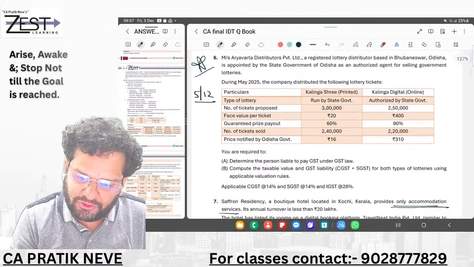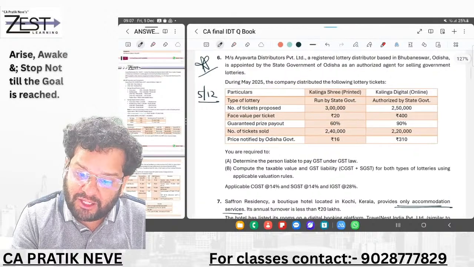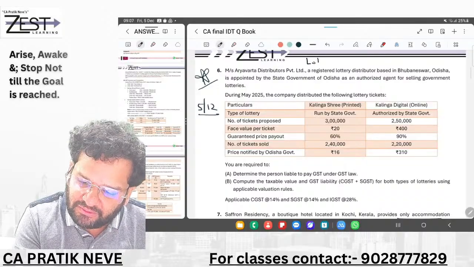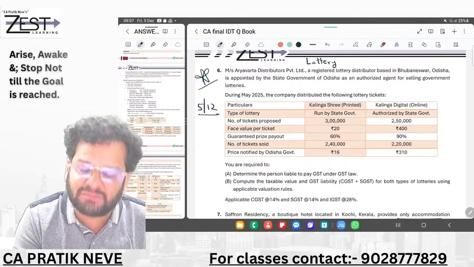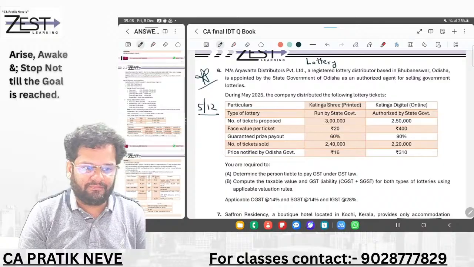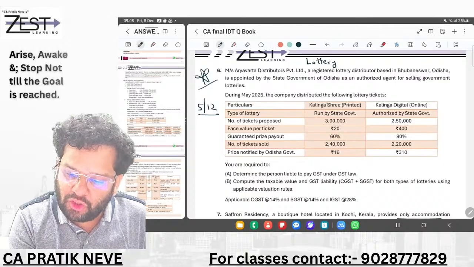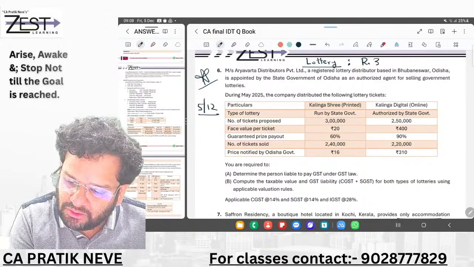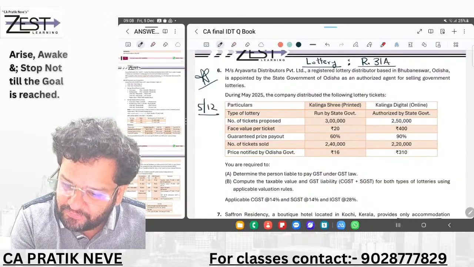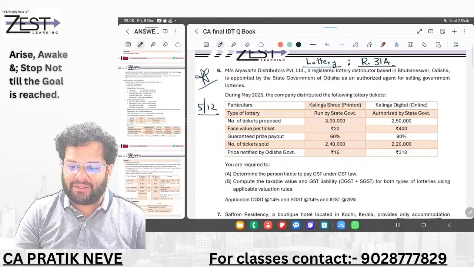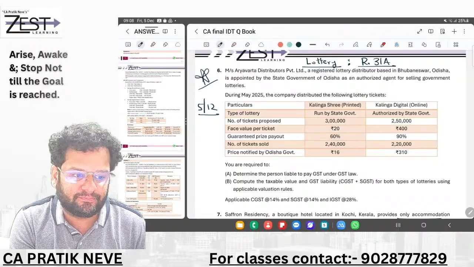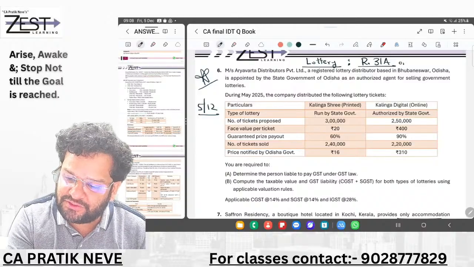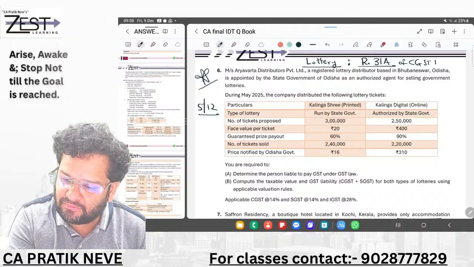If you know the rule for valuing lottery tickets, lottery, betting, gambling are specified actionable claims. So valuation of lottery is discussed in rule 31A. So we are going to apply that 31A here. Rule 31A of CGST Rules.